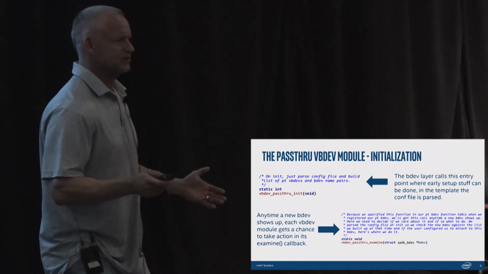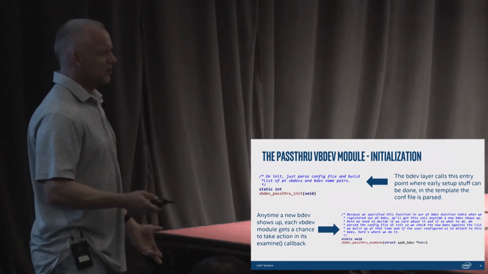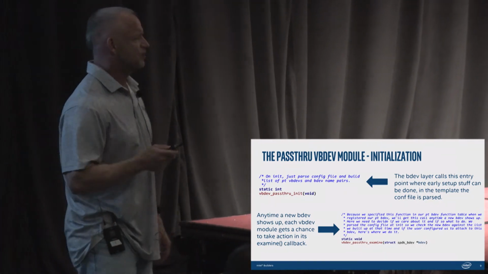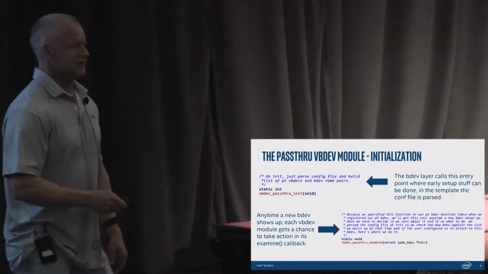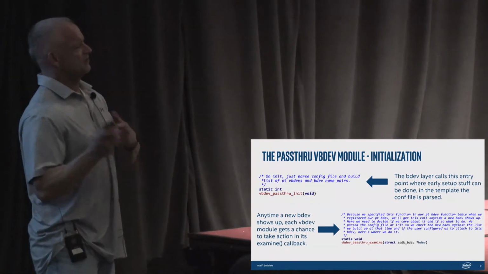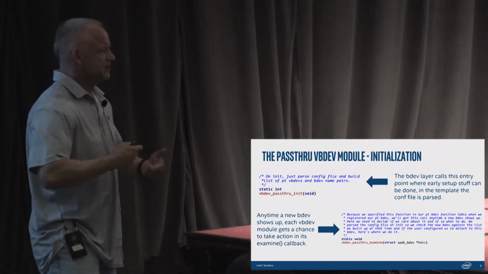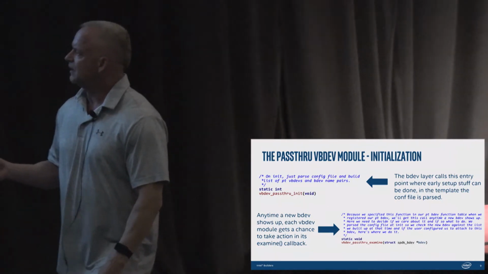It's the very first thing that happens to your module. You don't have to do something in that function if you don't want to, but a common use of that, and what this module actually does with it, is go and read the configuration file that you've set up that tells you which BDEVs you want this vBDEV module to claim and be a part of. So it reads that early on and puts it in memory, so it can use that later on.